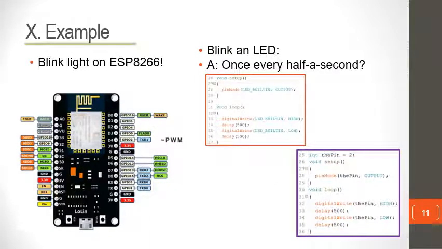So here now are two examples of how this can be done. The first one is inside the setup. We first of all configure the mode of the pin which attaches to the inbuilt LED. You realize that there is a variable here which has not been declared, which is called LED underscore BUILTIN.